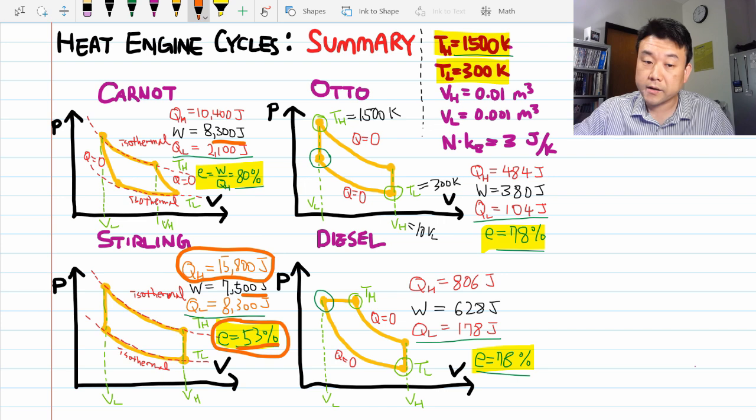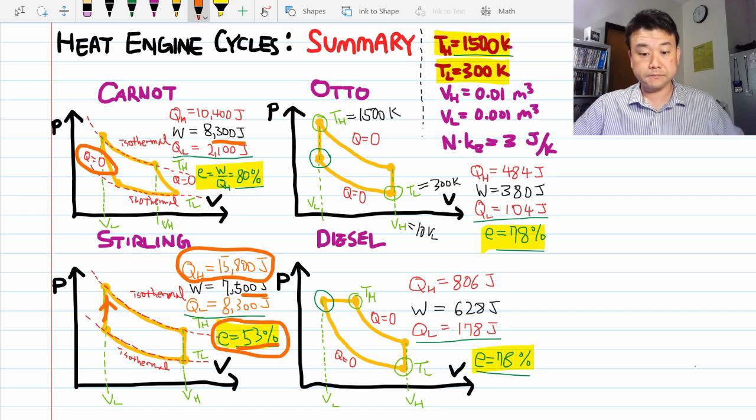With the Carnot cycle, these two isothermal curves were connected by adiabatic curves. So there was no heat input then. But with the Stirling cycle, it's not adiabatic, it's isochoric. So there is a heat input there. And that's what's reducing the efficiency of a Stirling engine.